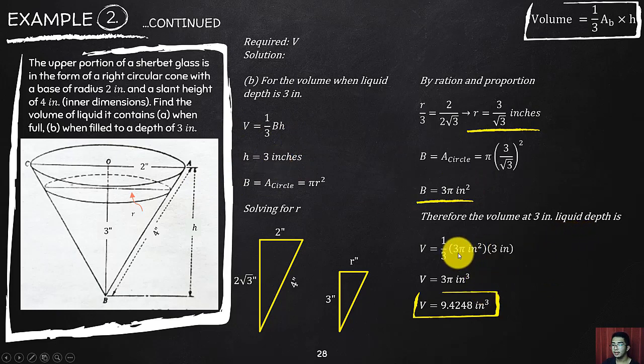So 1/3 times 3 pi square inches times 3 gives you 3 pi cubic inches, which is 9.4248 cubic inches. Of course, that's a lesser volume than the capacity of the glass when full. Okay, so that's how you solve this type of problem.